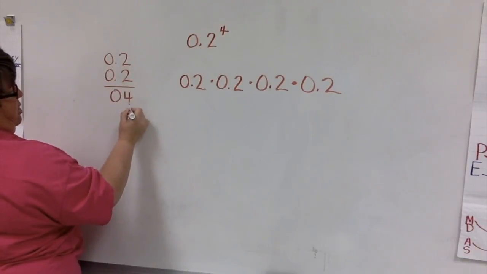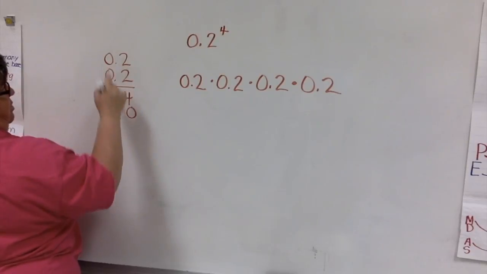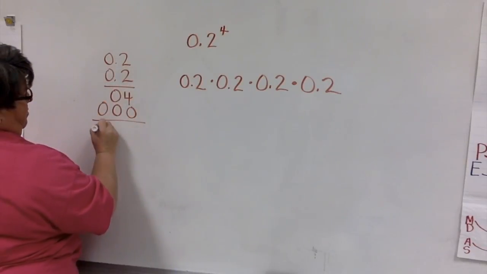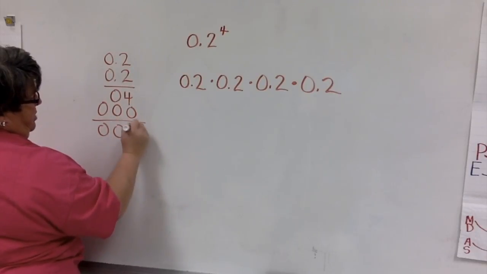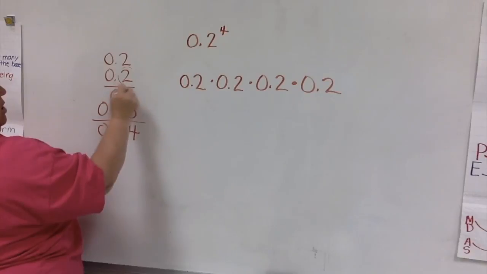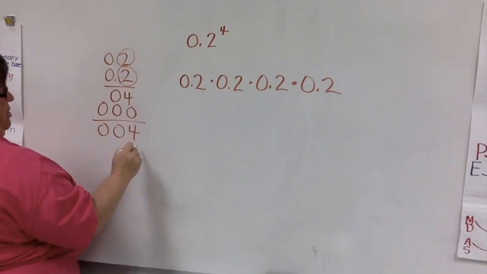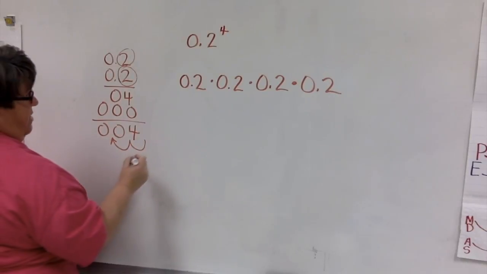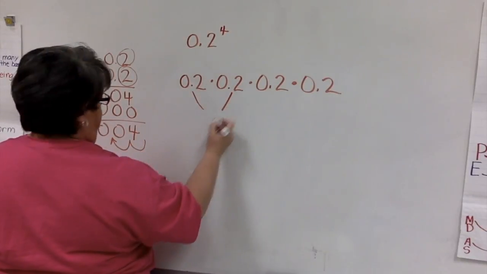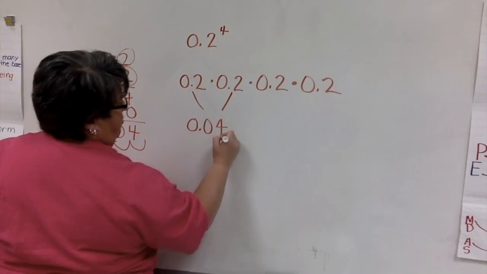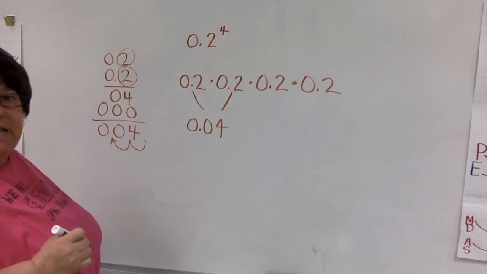And then I'm going to have my placeholder. 0 times 2 is 0. 0 times 0 is 0. And I'm going to add this up. And then I have two numbers after the decimal. 1, 2. So I'm going to move my decimal point 2 places. So I have this 0.2 times 0.2 is 0.04. But I'm not done yet.